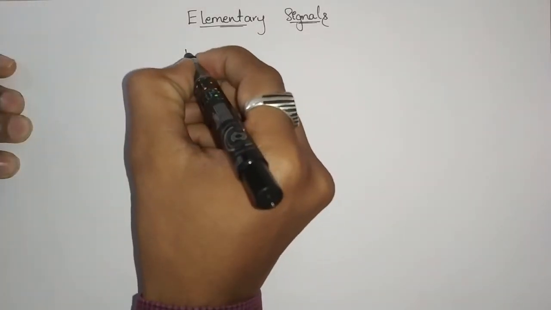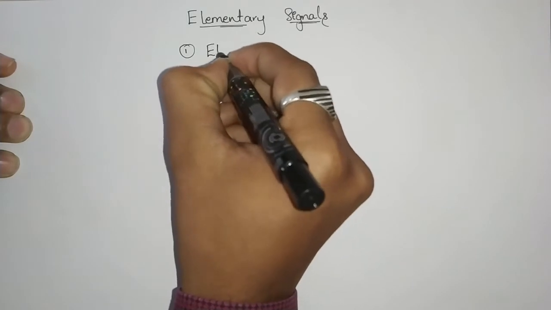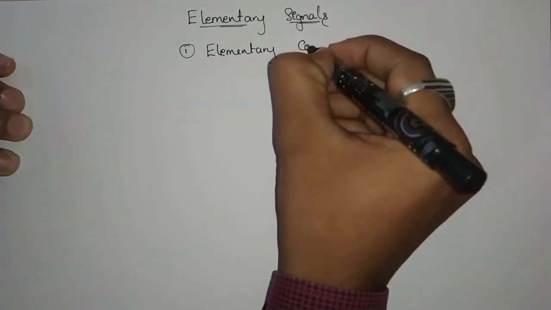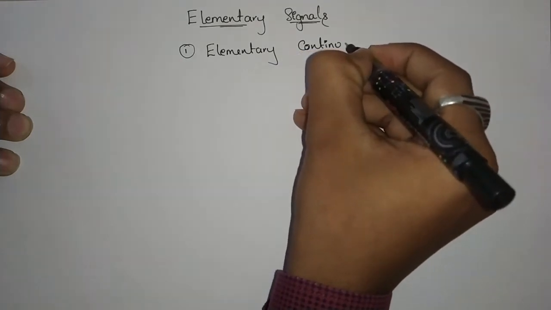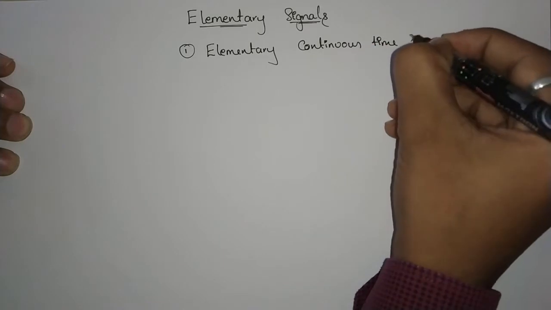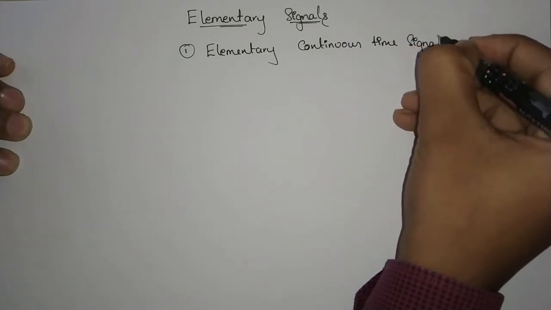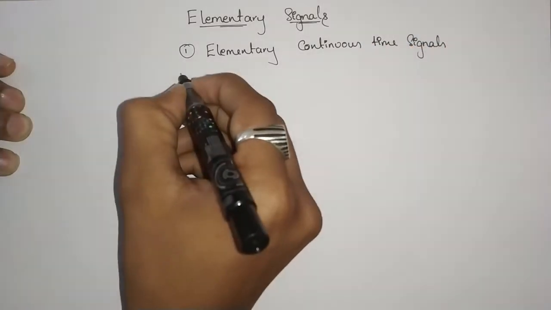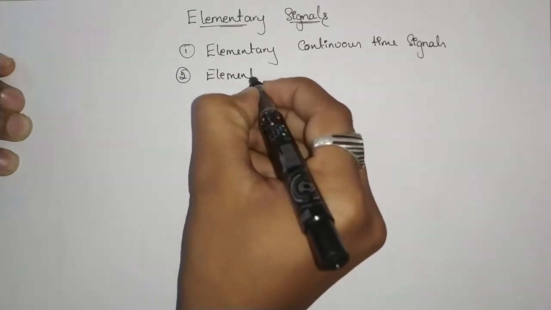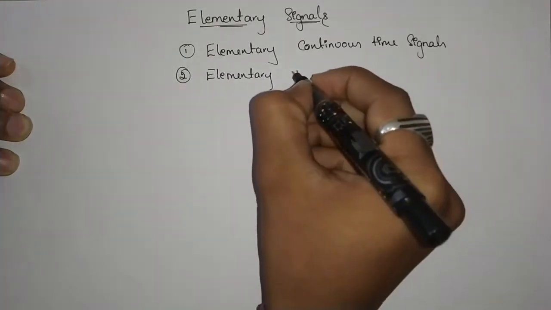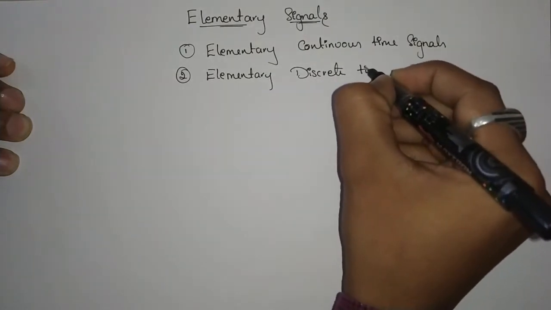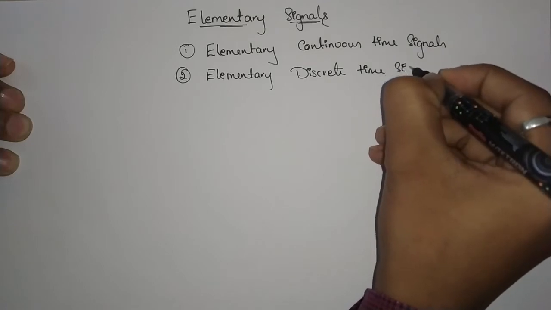First one is elementary continuous time signals, and the second one is elementary discrete time signals.